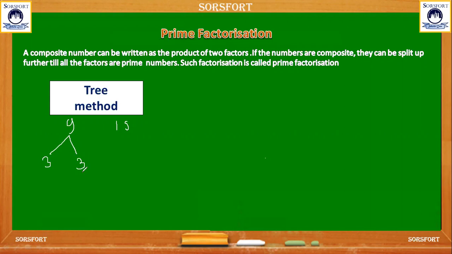These 3s are prime numbers, and we cannot split a prime number further. So 9 equals 3 into 3. Now 15 can be written as 3 and 5. 3 is a prime number, 5 is also a prime number. So 15 is written as 3 into 5.